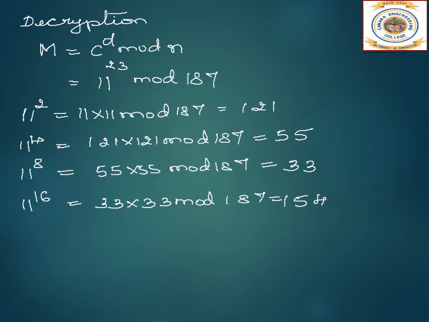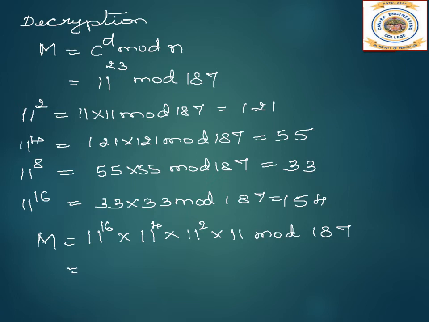So now let me write what is 11 to the power 23. I can write it as 11 to the power 16 into 11 to the power 4 into 11 square into 11 mod 187.